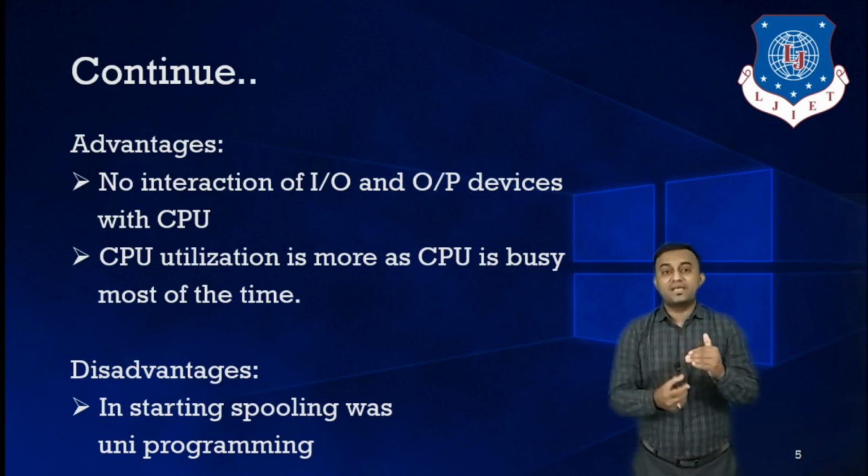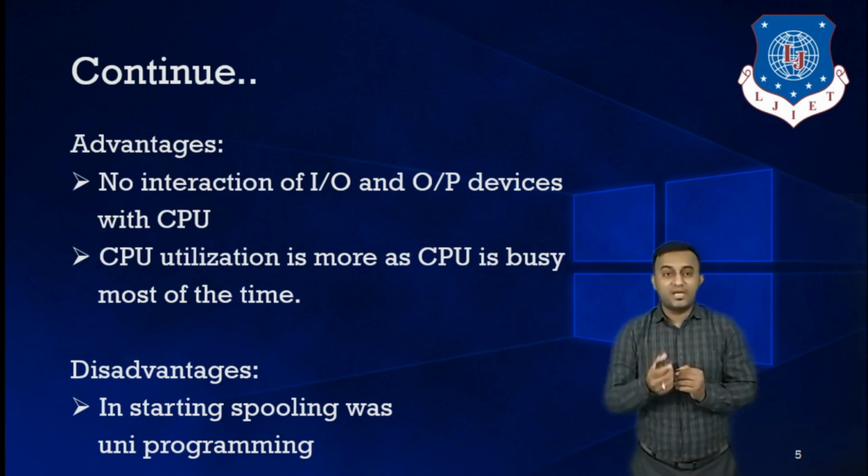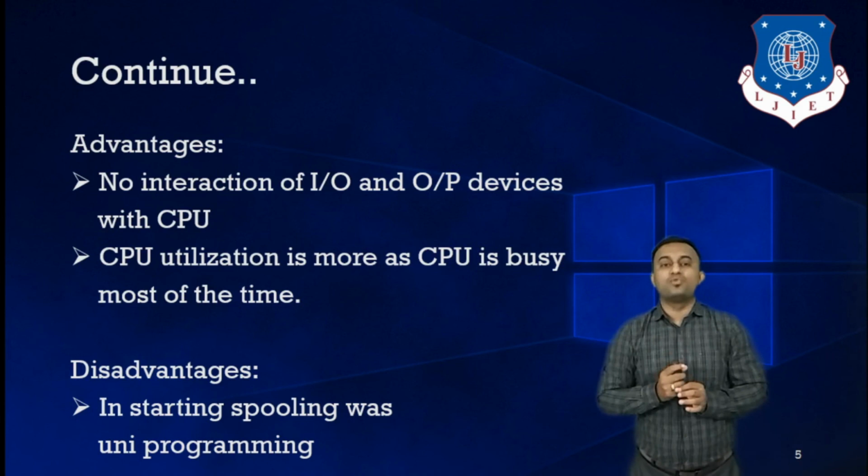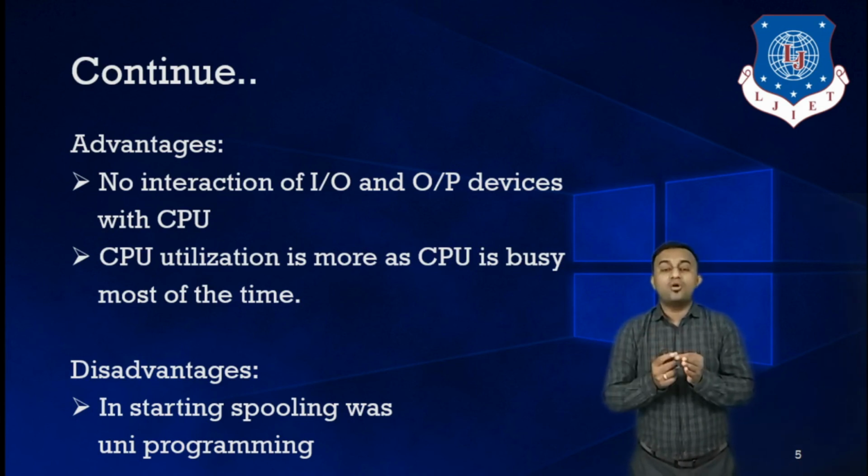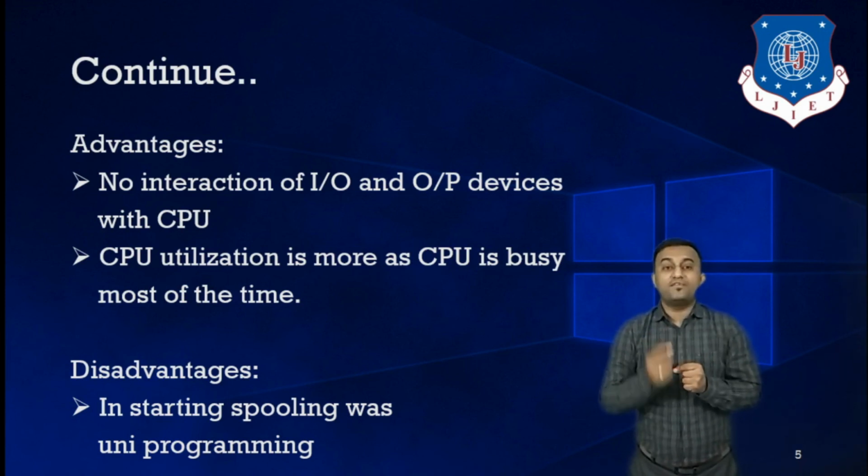So in this case, what is the one main disadvantage? Because we are dealing with a uniprocessor machine, and because of this mechanism of spooling, we still cannot execute different processes simultaneously. Why?